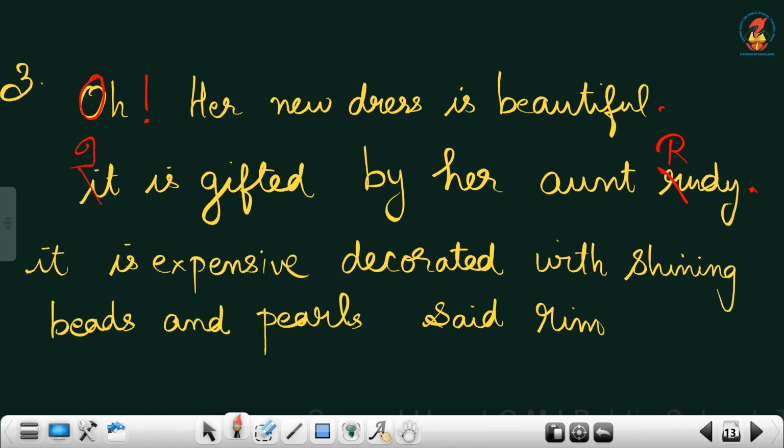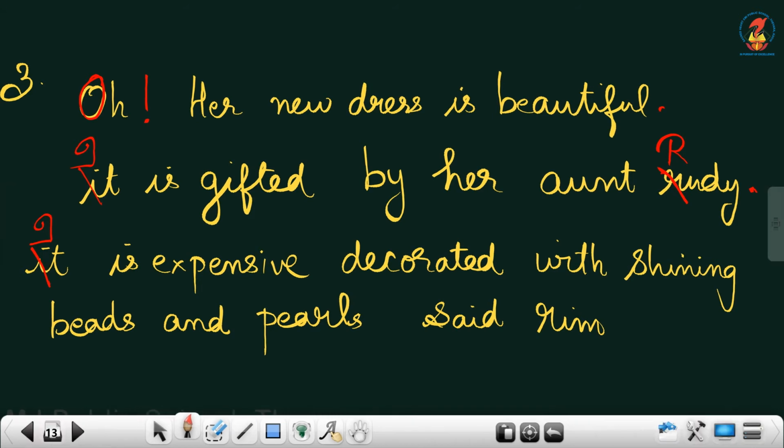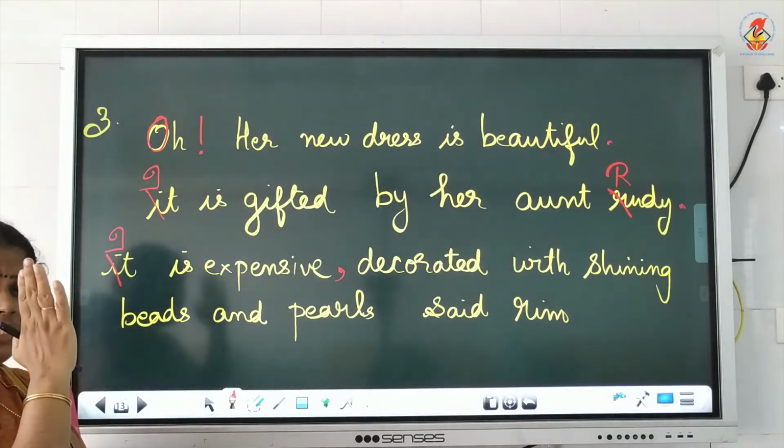And Rudy, full stop. It's expensive. I should be capital. Expensive, there is no need of full stop. You can continue the sentence. It's expensive, decorated with shining beads and pearls. So, it's expensive. You can put a comma to separate, to show that there is a stop.